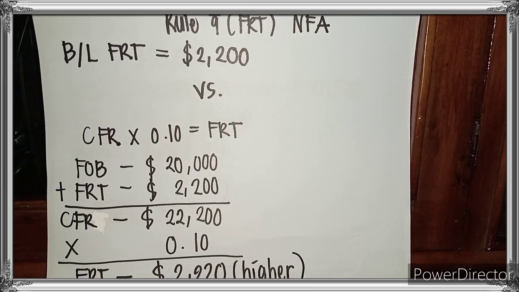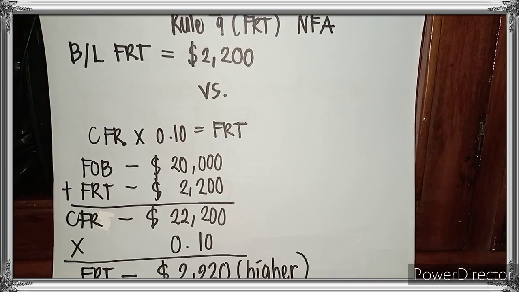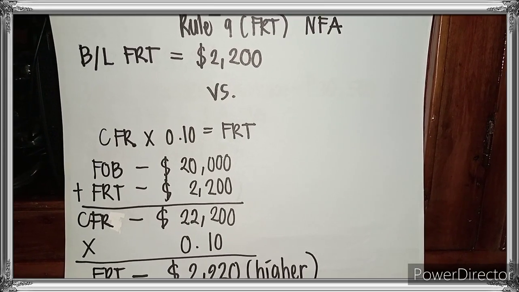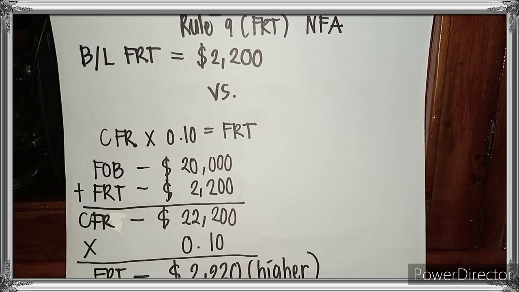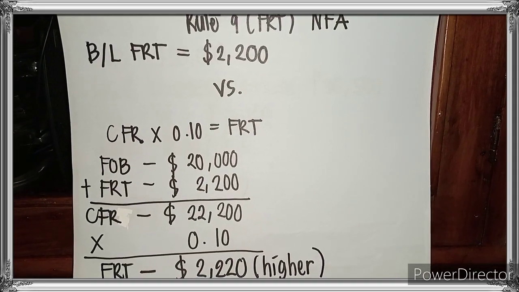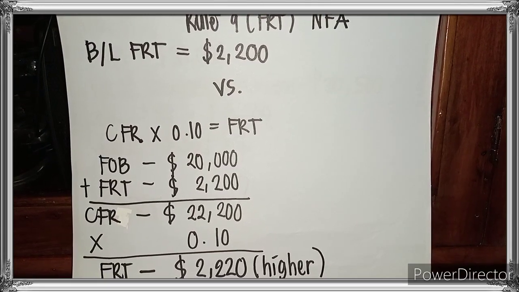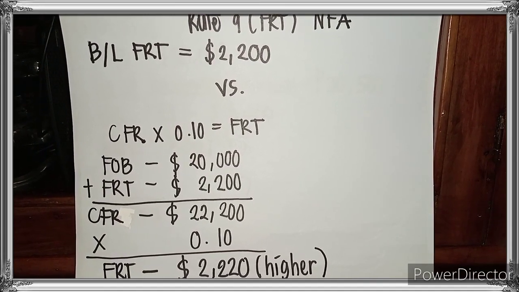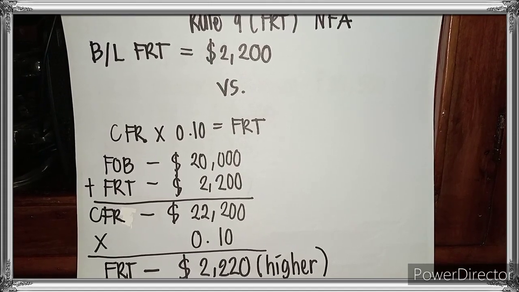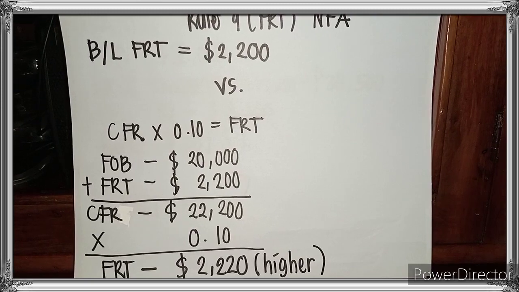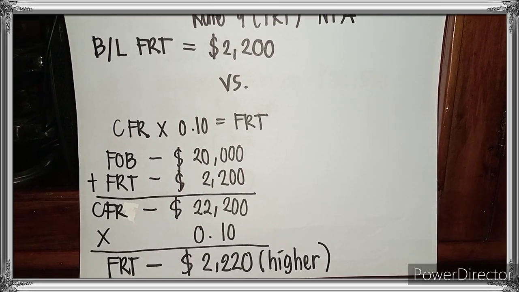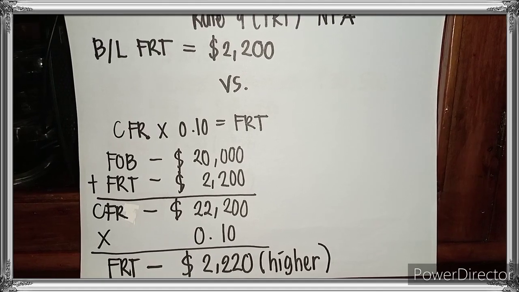First, we add the FOB and freight to get the CFR: FOB of $20,000 plus $2,200 freight equals a CFR value of $22,200.